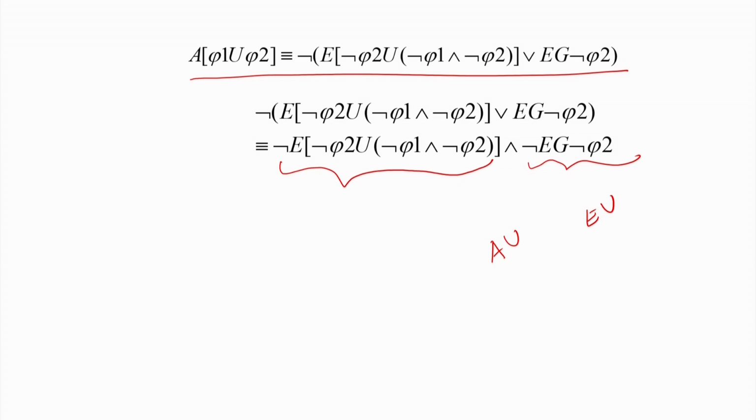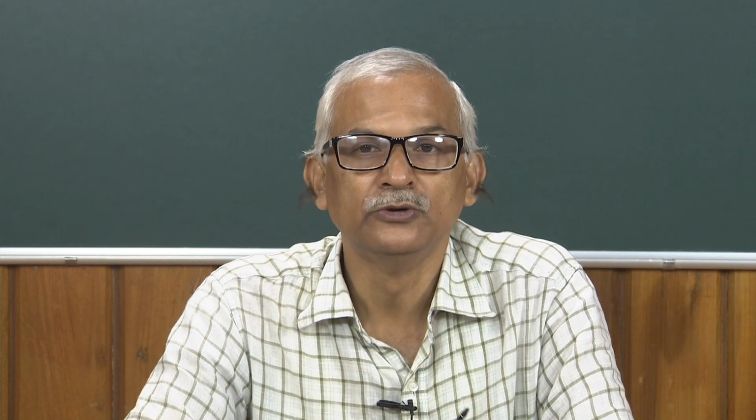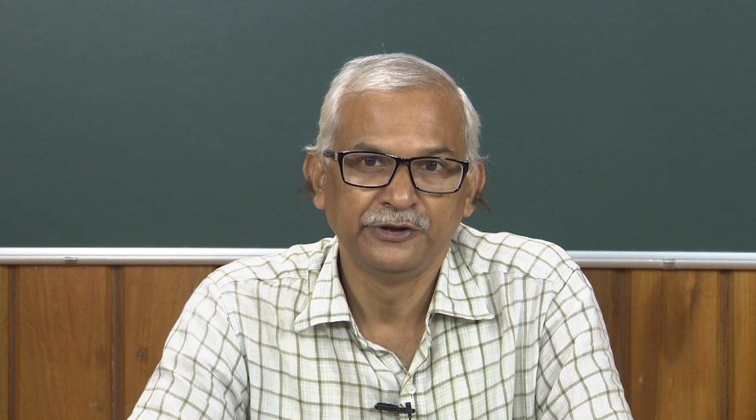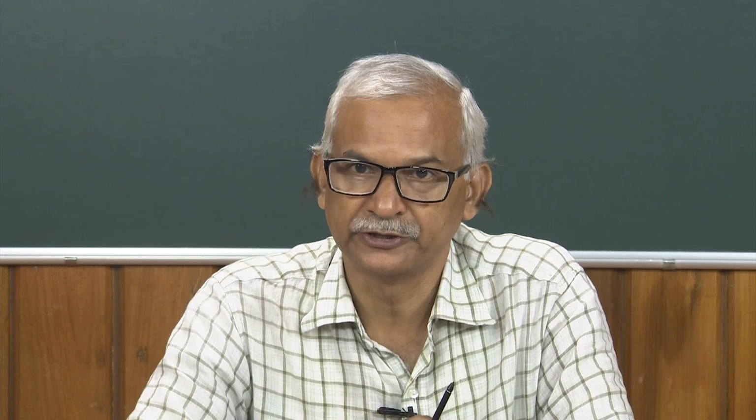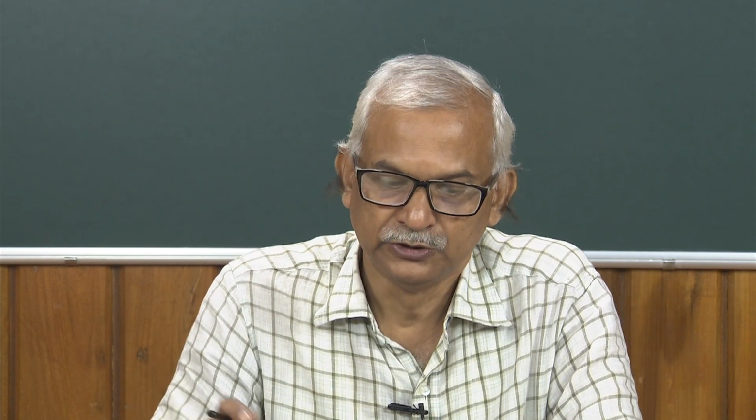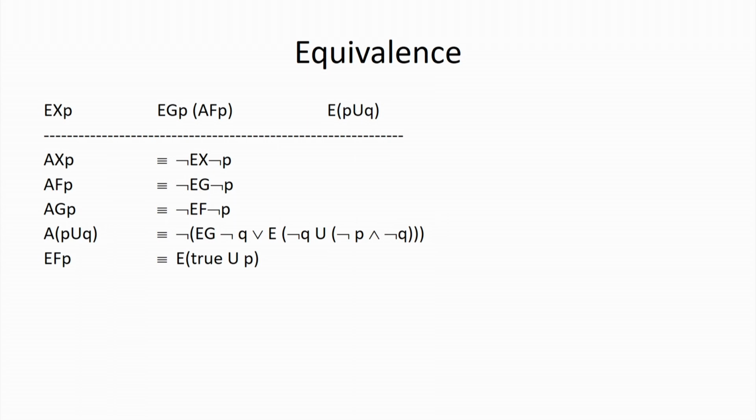So, we are getting an equivalence relationship between A until and E until. Now, since A until can be expressed with E until, or E until can be expressed with A until, we are going to get different adequate sets of operators in case of CTL. So, that is why we can now have one adequate set like that.